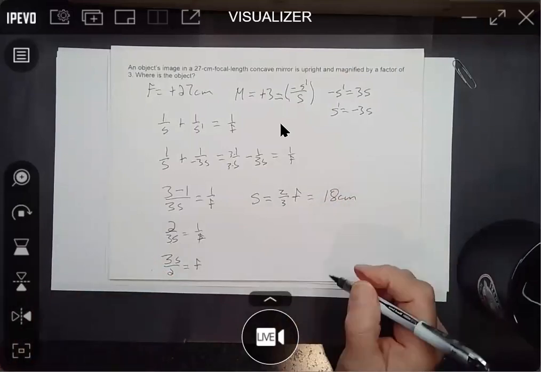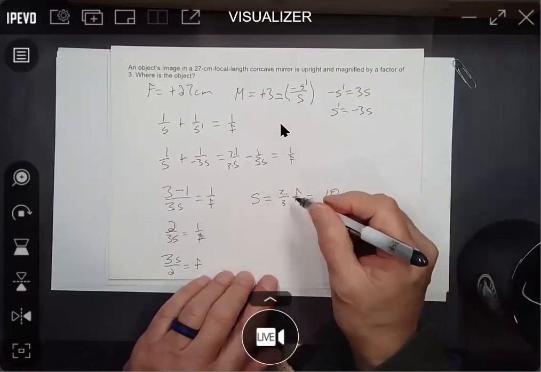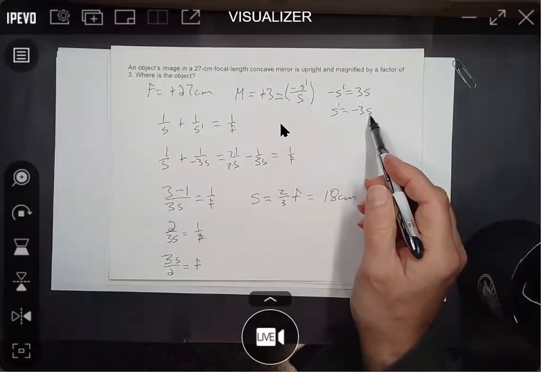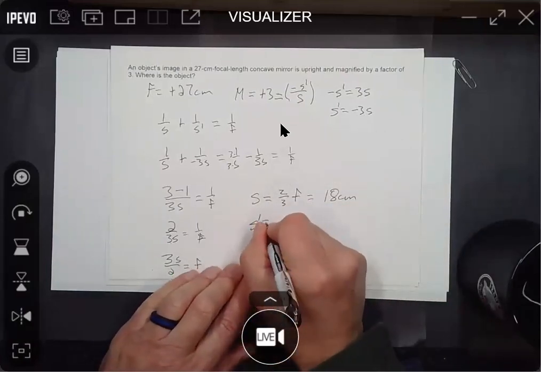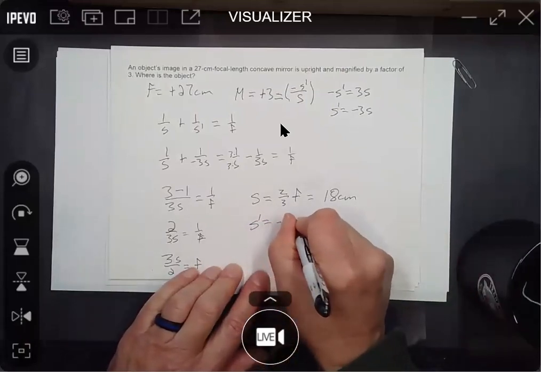So that's where it happens to be. And with that, S prime is going to be minus 3S. So negative 3 times this will equal minus 54 centimeters.